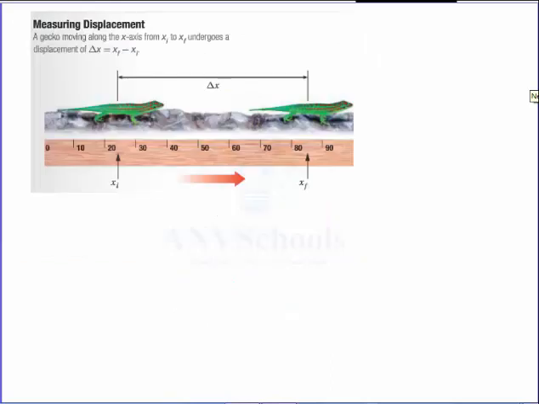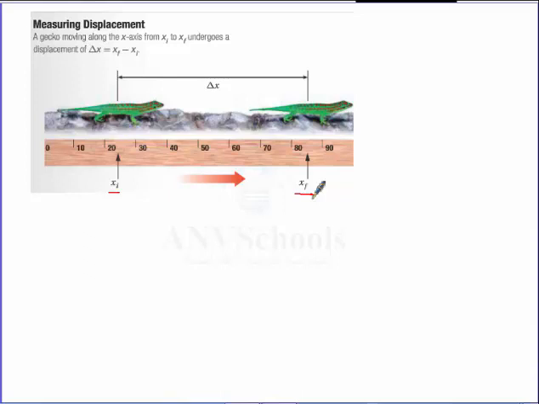Now let's see an example of how to find the displacement of an object. Here, as you can see in the figure, this gecko is moving to the right from some initial position xi to a final position xf along the x-axis. We want to find the displacement of this gecko.